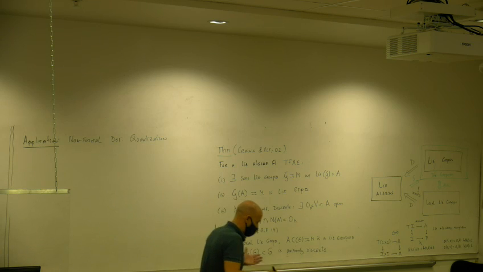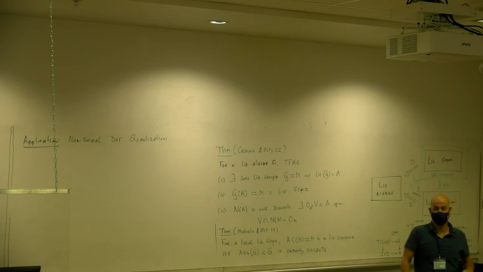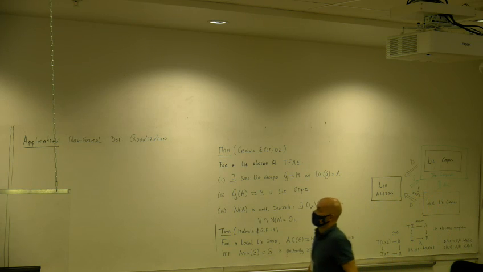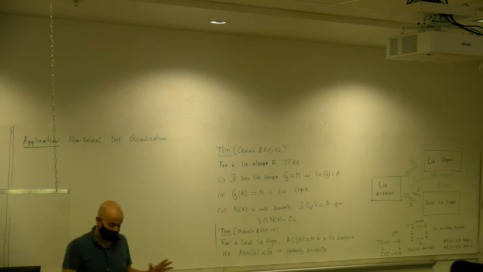A star product, you think, is just a deformation of the usual product of functions. There are many works where people construct non-formal deformation quantizations and non-formal star products, but each class or each example is its own thing. There is really no general theory about non-formal deformation quantization.